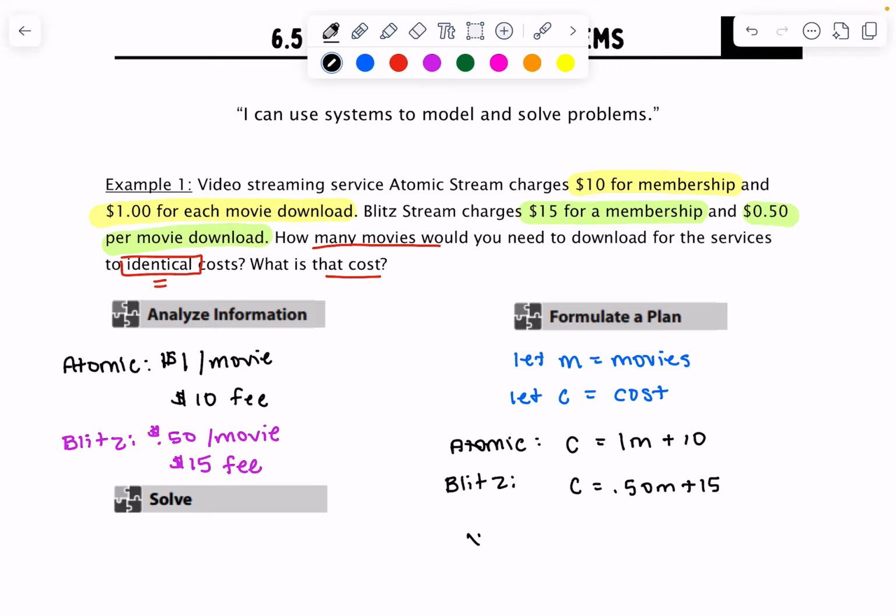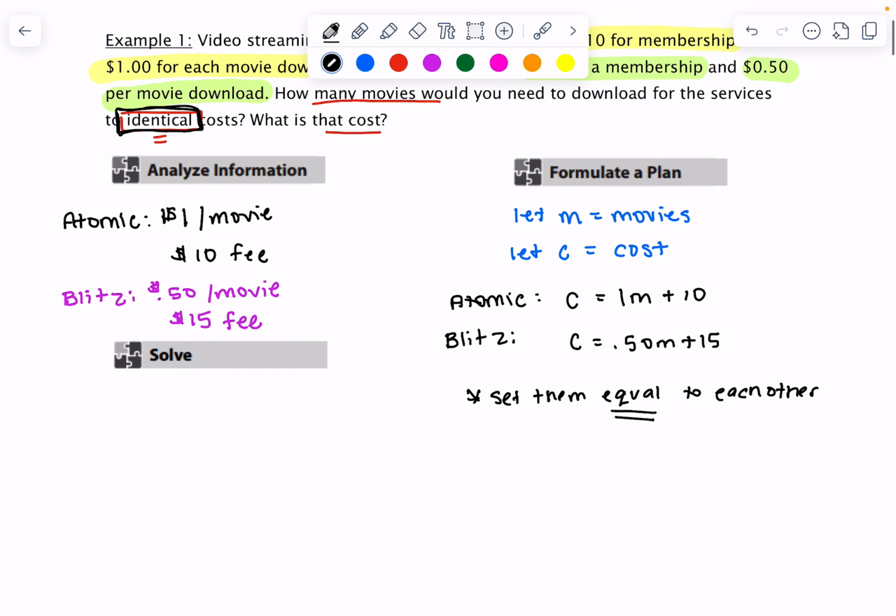And then my plan here is to set them equal to each other. I'm doing that because of this word identical. When will the costs be identical? That's what I'm saying, them equal to each other. So I'm going to go ahead and solve this.